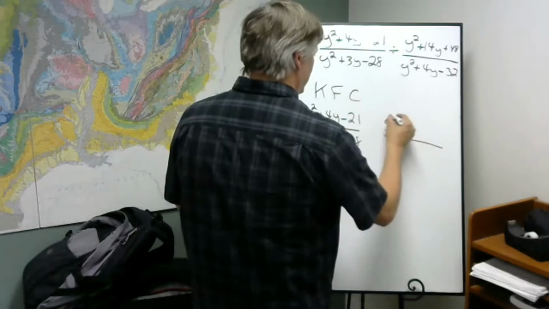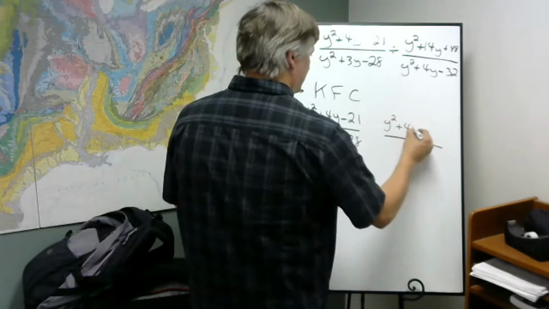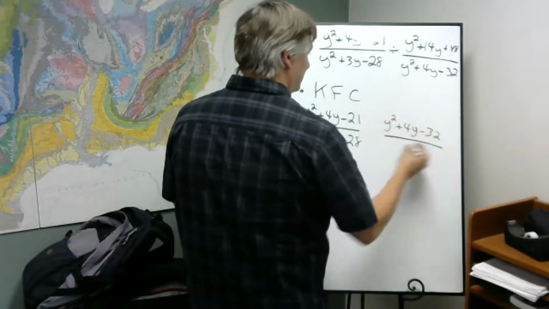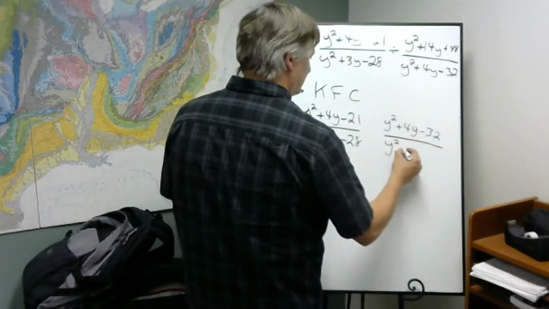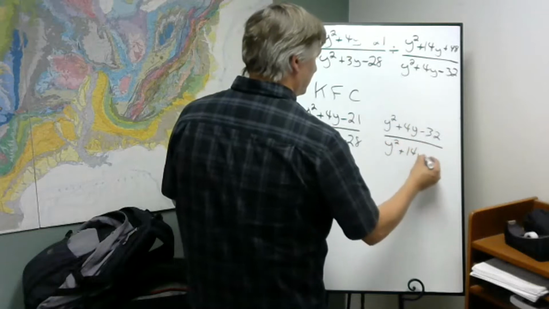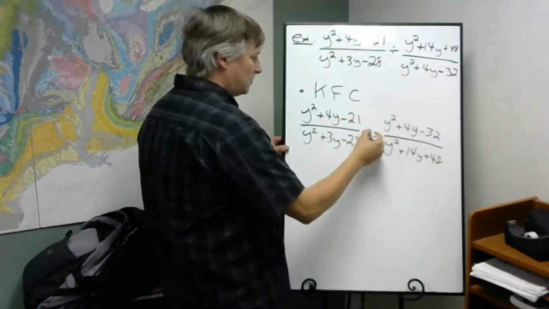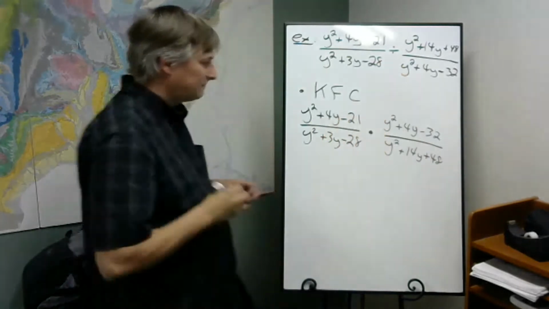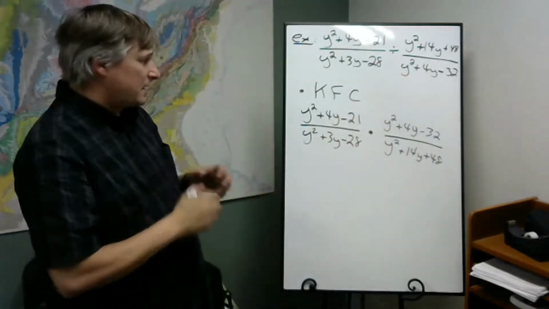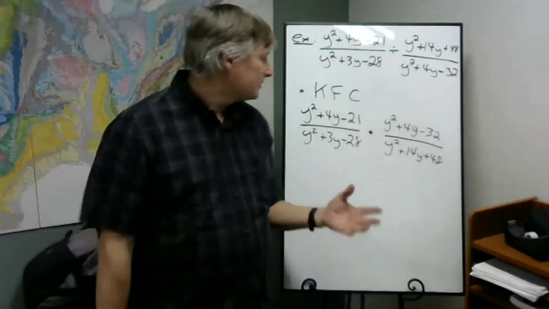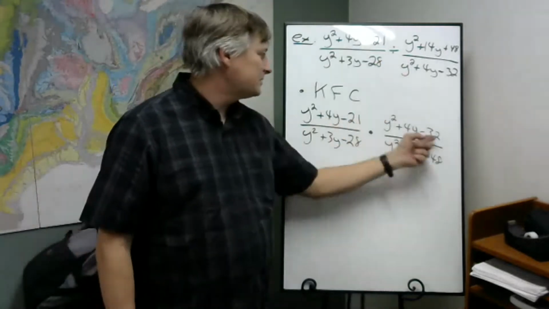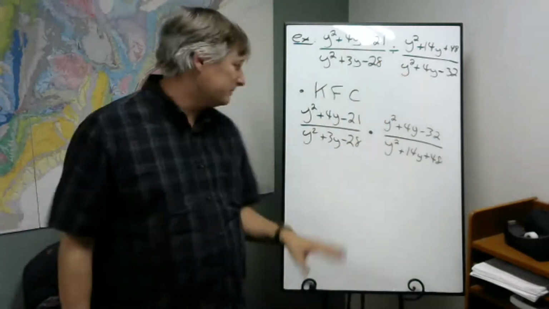This will be y squared plus 4y minus 32, y squared plus 14y plus 48. We're going to change this to multiplication. Now, if we went ahead and multiplied these, this times this is going to be a monstrous polynomial.